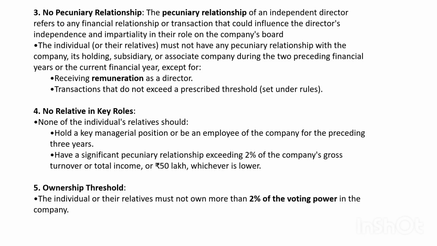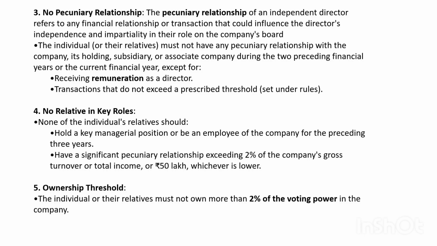There should not be any relative who is in key roles in the company management. None of the individual's relatives should hold a key managerial position or be an employee of the company for the preceding 3 years, or have a significant pecuniary relationship exceeding 2% of the company's gross turnover or total income, or 50 lakh, whichever is lower.